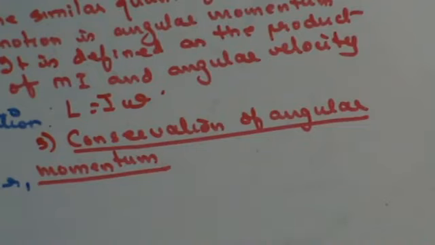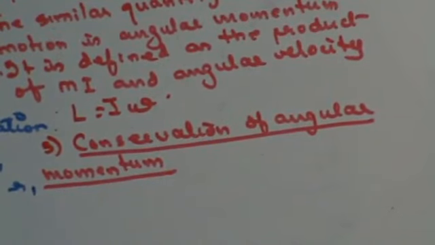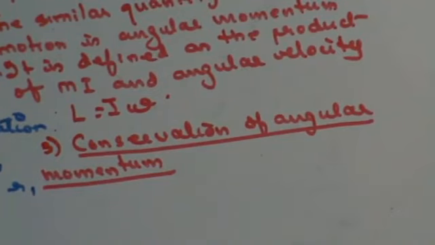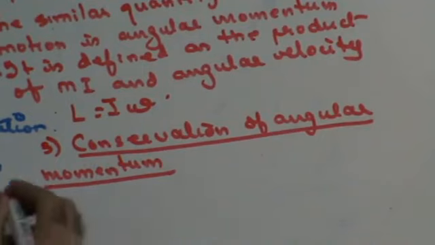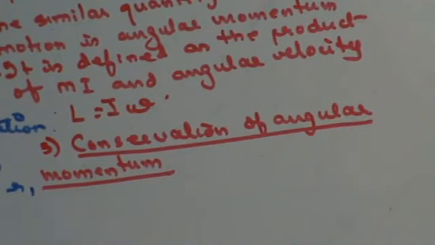If angular momentum is the same for rotational motion as linear momentum for translation motion, then it should follow all the principles of linear momentum. Since linear momentum is conserved, let us see if angular momentum is also conserved. A body in translation motion always obeys conservation of linear momentum. Similarly, a body in rotation motion should also obey conservation of angular momentum.